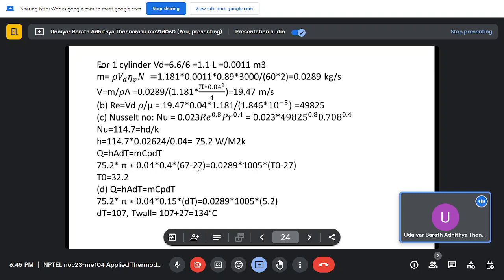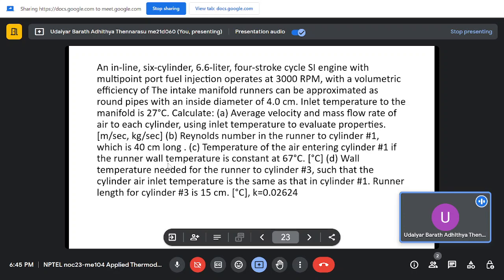So the overall heat transfer coefficient we have calculated is 75.2 into area, which will be the surface area of the tube, pi d into L. So pi into 0.04, which is 4 centimeter, into the length of the manifold or the runner for cylinder 1.